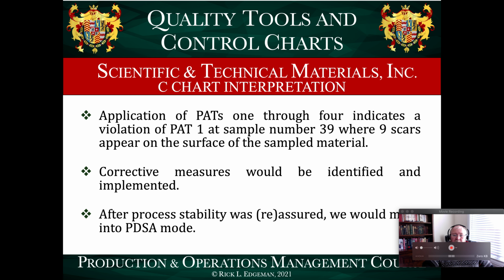But once we get there, I'm presuming that this company would want to reduce, to drive down, the average number of defects. So to do that, at some point, they're probably going to enter into Plan, Do, Study, Act. They're going to plan a change in the process that they believe will reduce the number of scars per piece of material.